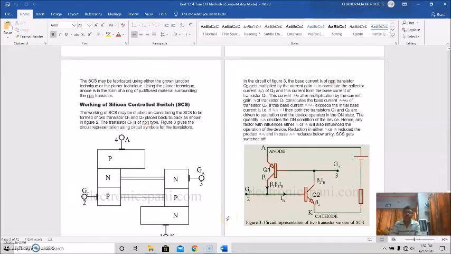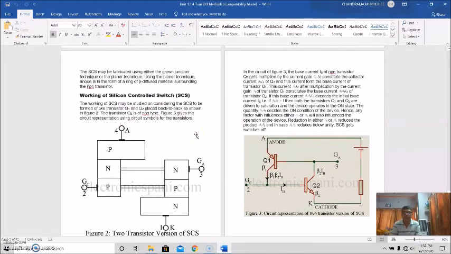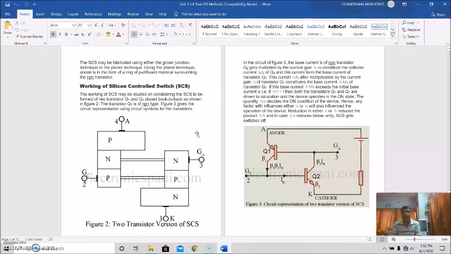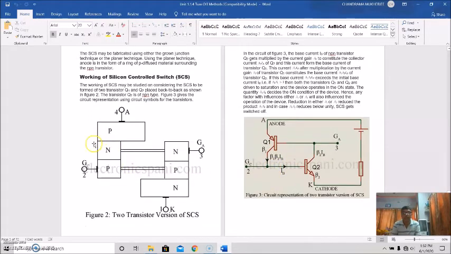Working of the silicon control switch may be studied by considering the SCS to be formed of a two-transistor model. This is one transistor and this is another transistor, transistor 1 and transistor 2, placed back to back as shown in this figure.